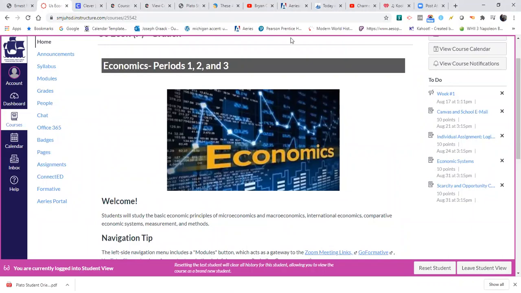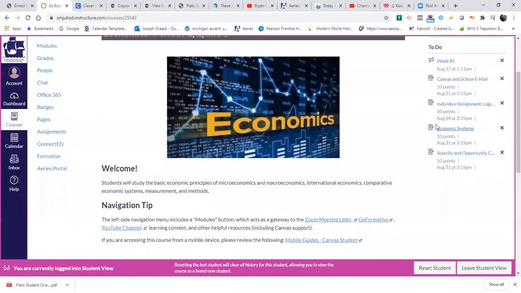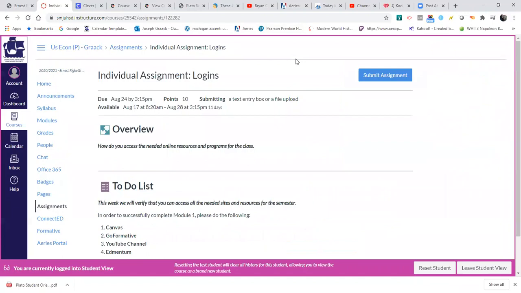The last assignment, the individual logins assignment, was originally scheduled to close on August 24th. It's now open until Friday. There were a few people, through no fault of their own, who weren't able to submit that, so I made that change. If you click on this, it's still open now, and you can submit that even though the original due date was the 24th. I pushed that back to Friday.